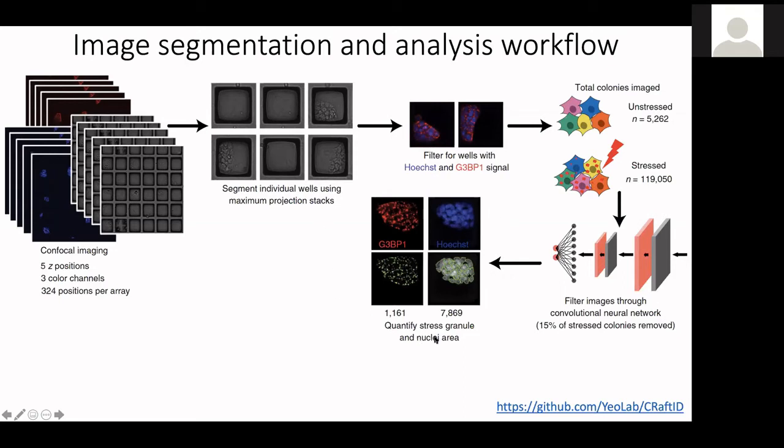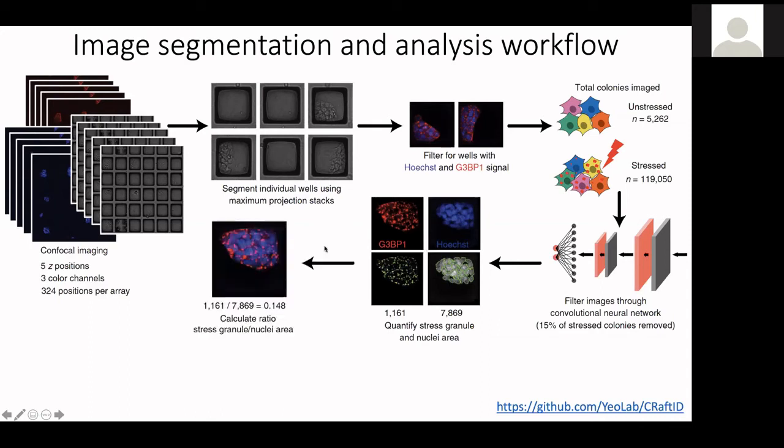So on this step, we used the very well-defined CellProfiler functions to accurately call and quantify the area of granules in the cytoplasm relative to total nuclei area as a control for colony size. And so we calculate this ratio of stress granule area over nuclei area and use that ratio to try to find ones that have a lower stress granule area overall.